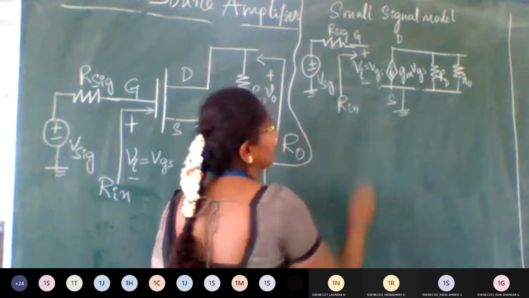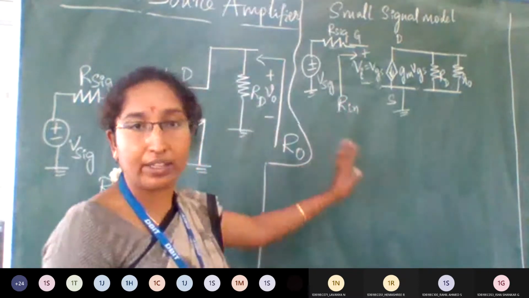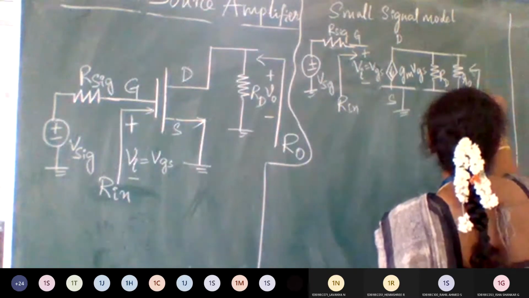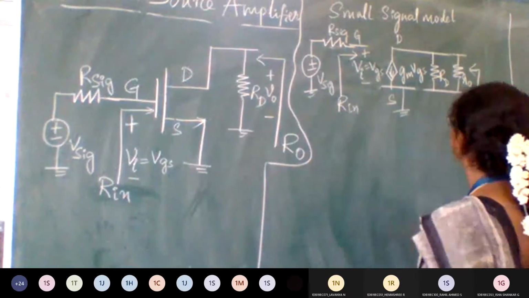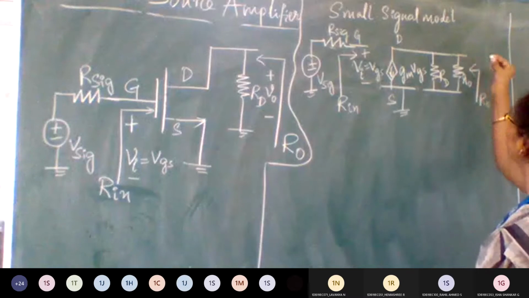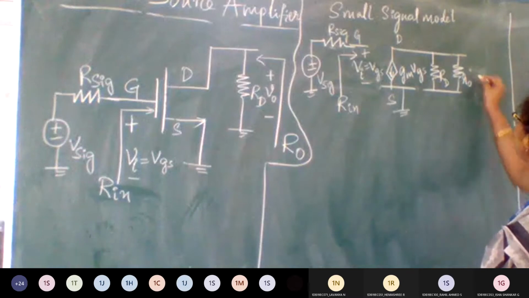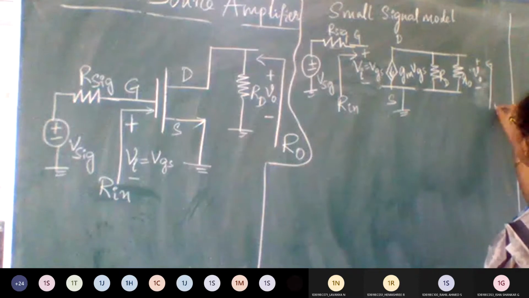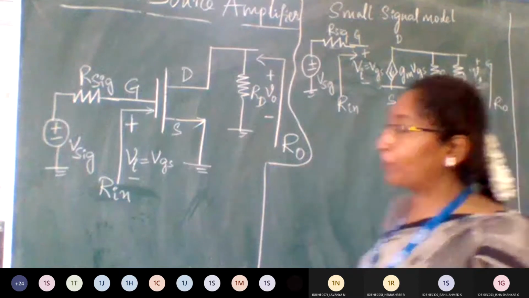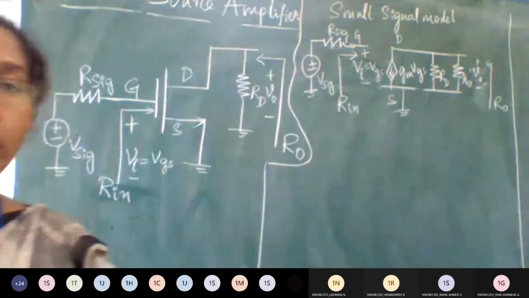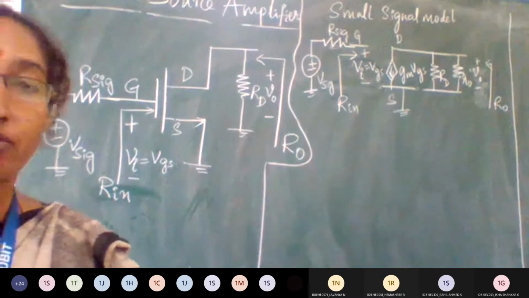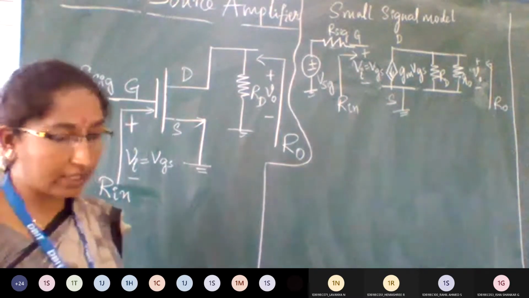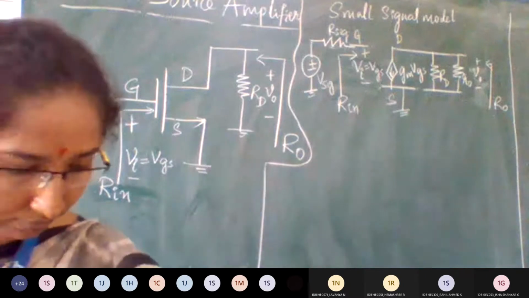Input resistance is towards the input part, between gate and source. Output resistance is towards the output of the circuit. Here you are going to measure V0. Capital R0 is the output resistance, and small r0 is the finite output resistance. Is this clear with the model now?